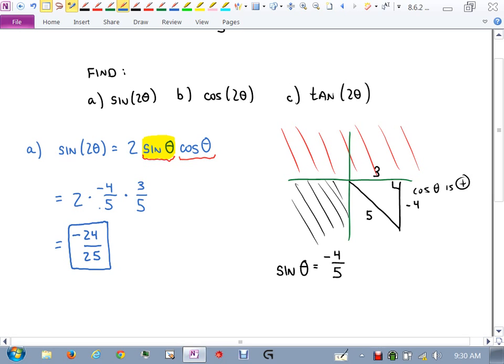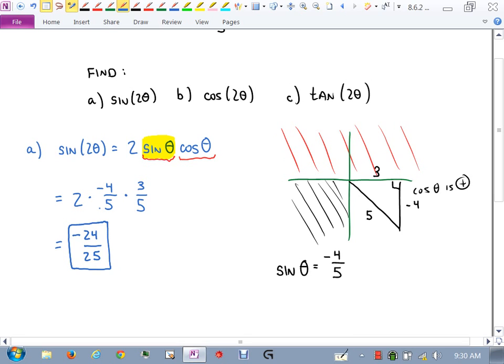Now, just out of curiosity, if I say sine of 2 theta is -24/25, can you tell me where the angle 2 theta is? Can you tell me what quadrant it's in? Can you narrow it down? I'm saying that sine of something is negative, which means I have to be in either 3 or 4.